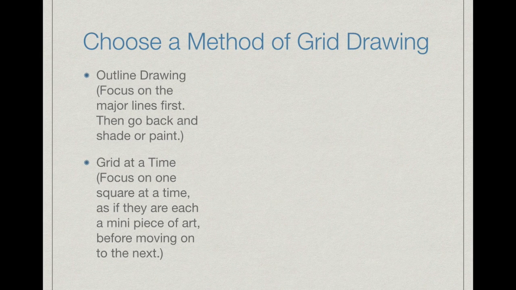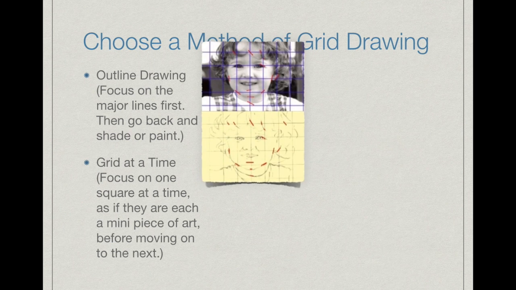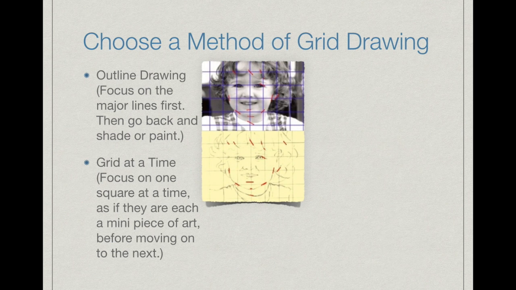Okay, once you have done that, there are 2 ways to go about drawing your picture. One is an outline drawing. You're drawing the outline of the figure first. And the little marks that you see on here are little guidelines that you can make for yourself as to where in the square they're touching, or how big that part is within each square.